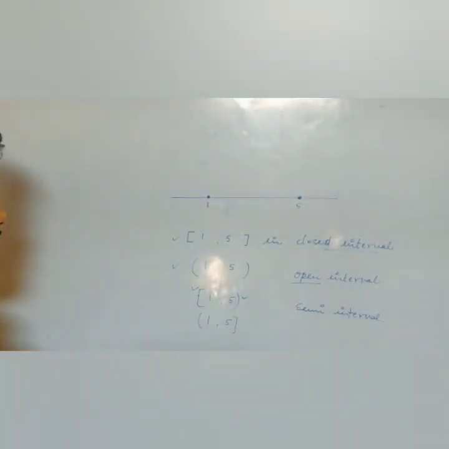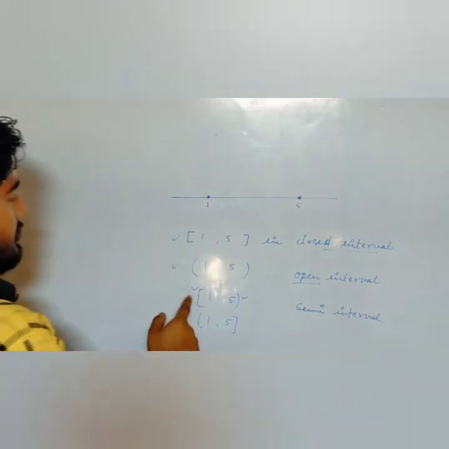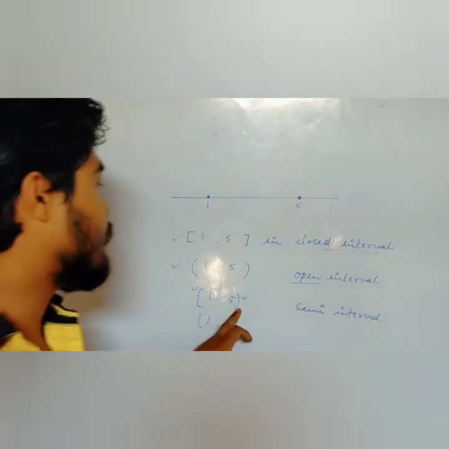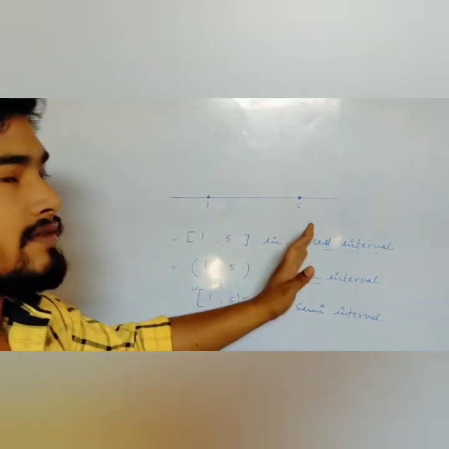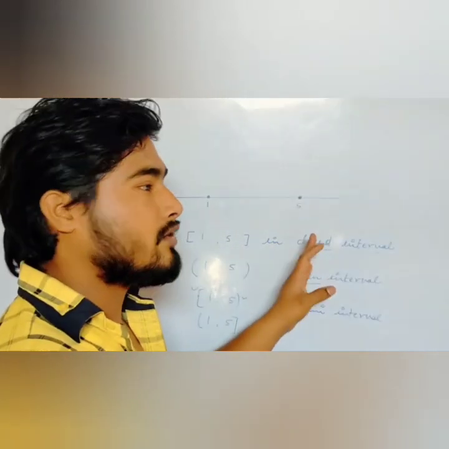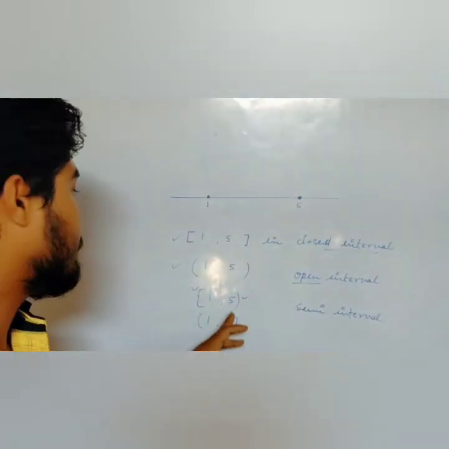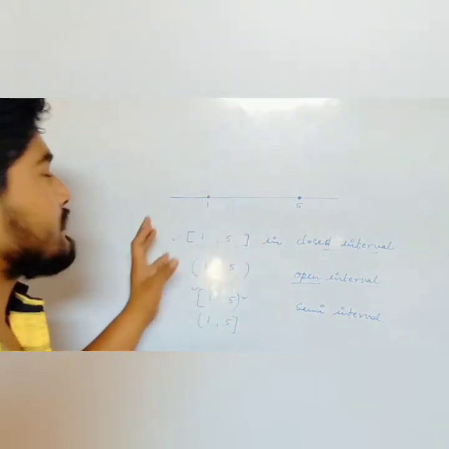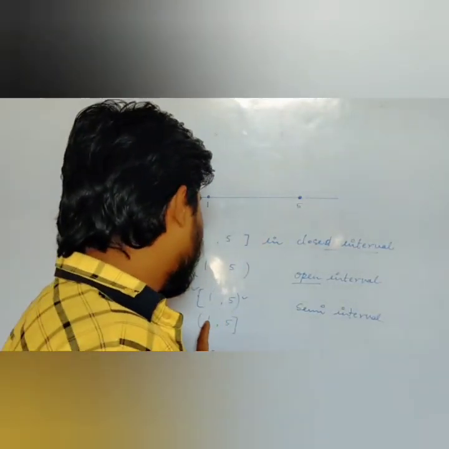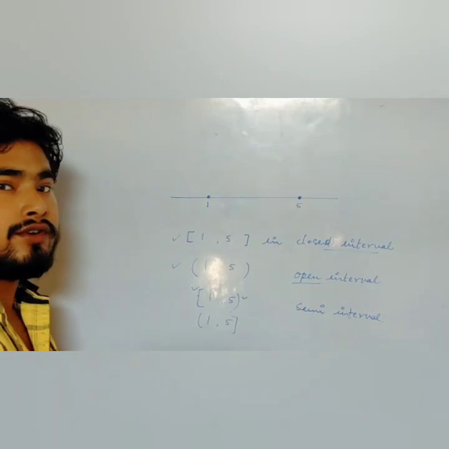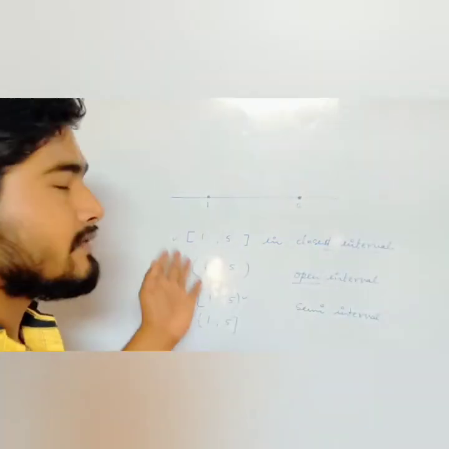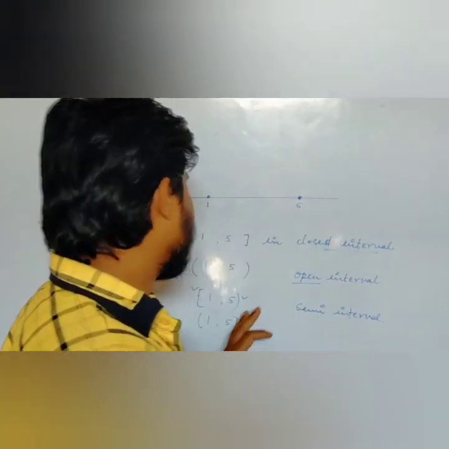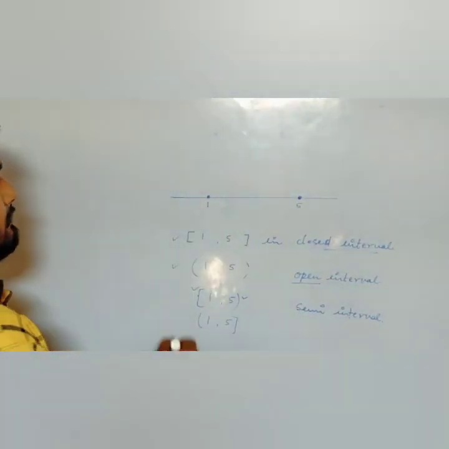In this case, where it is closed we start from 1, but where it is open, 5 is not lying in this set. 5 के बिफोर जितने भी नंबर्स हैं वो सारे आपको ले लिए जाएंगे. In this case 1 we do not take, so after 1 we take 2, 3, 4, 5. So this is the set of numbers on the line.